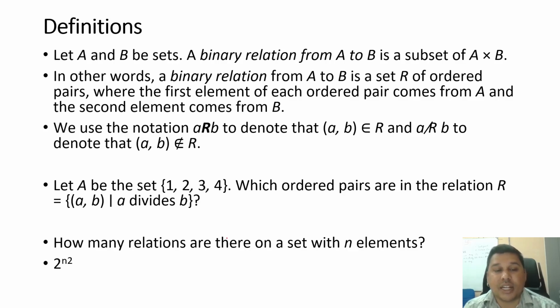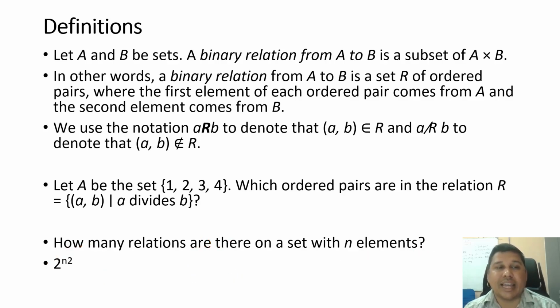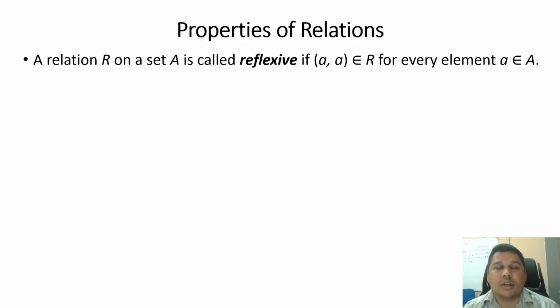So how many such relations can we form when we have a set with n elements? It is 2 to the power of n squared relations we can form with a set of n elements. Now let's see some properties of relations. The very important one is reflexive. A relation R on set A is called reflexive if (a, a) belongs to R for every element a belongs to A. Reflexive means I should have its image.